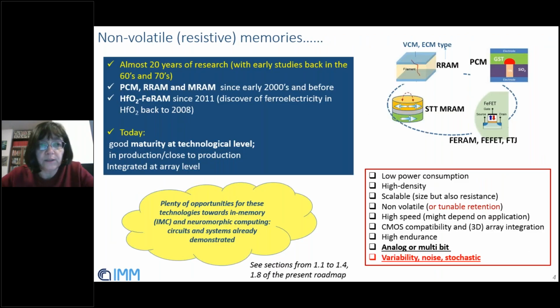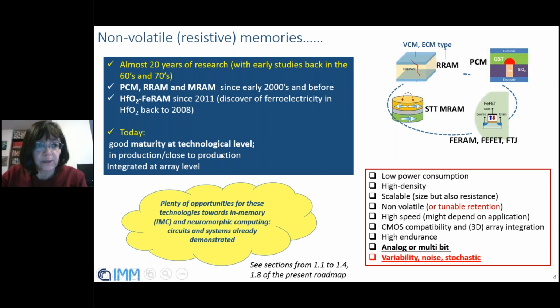I will now discuss a little bit about resistive memory. Resistive memories have reached today a good maturity at the technological level thanks to a large effort in research at both academic and industrial level in the last 20 years. I show here a few of the most advanced memory technologies: resistive RAM, phase-change memory, MRAM, and ferroelectric FET.